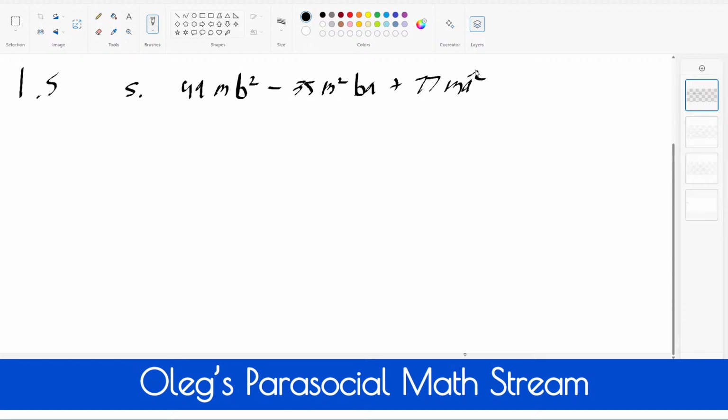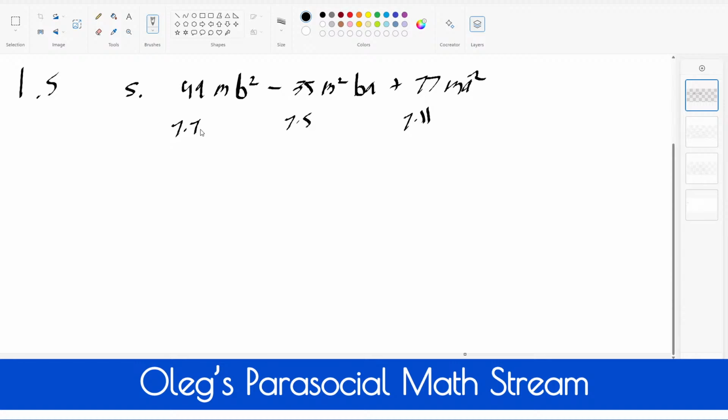Okay, so I can definitely see we can pull a 7 out. Hope you see that right away. 77 is 7 times 11, 7 times 5 is 35, and 7 times 7 is 49. And for the rest, what do they all have in common? Well, they all have m's, and that's it.